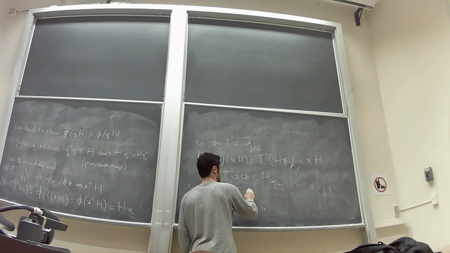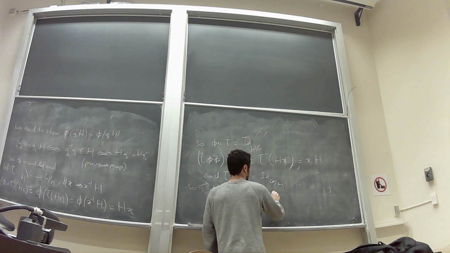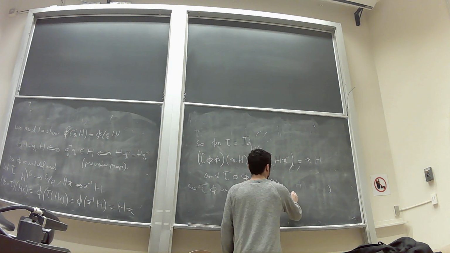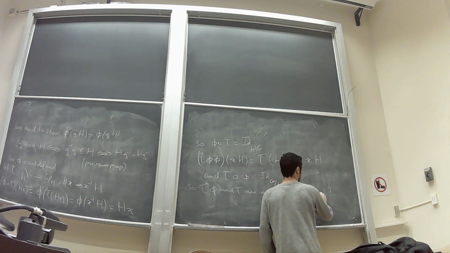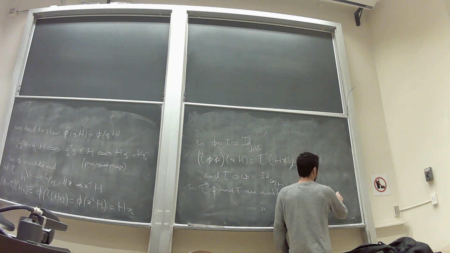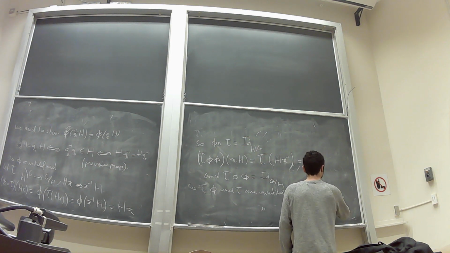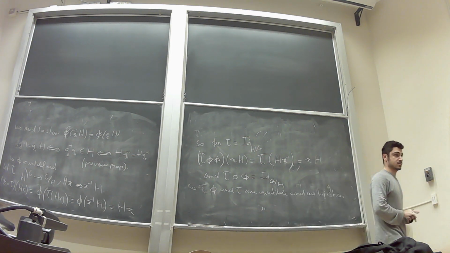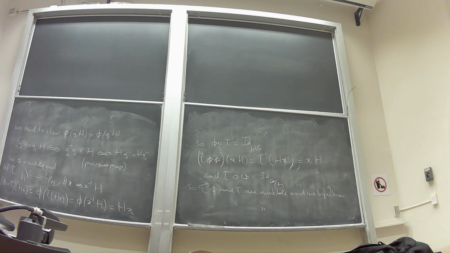Phi and tau are invertible and are bijections. Okay, so the number of right cosets is equal to the number of left cosets. It's a bit quick, but yeah.